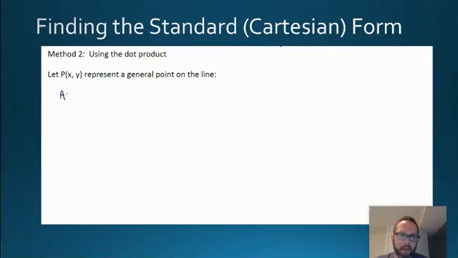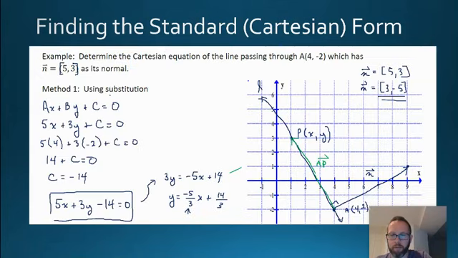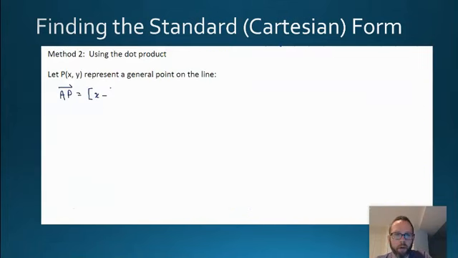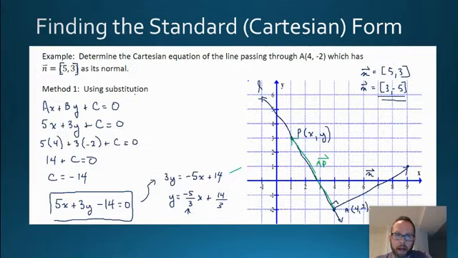So if P is any point on the line, then the vector AP, the equation for AP, would be subtracting the coordinates of A from the coordinates of P. So it would be x minus 4 and y minus -2, so that would be plus 2.